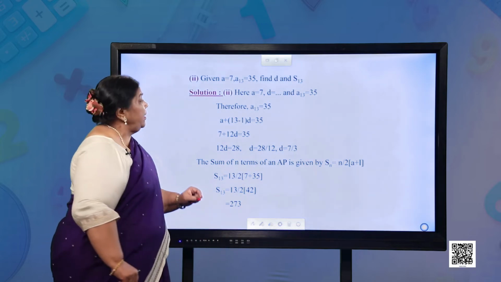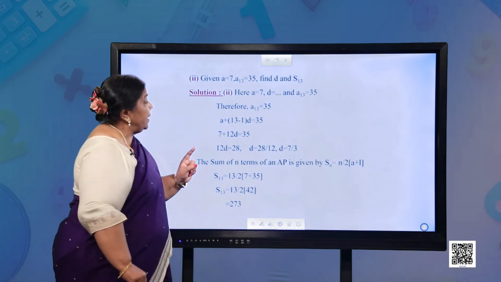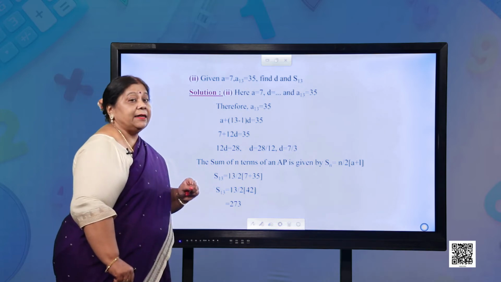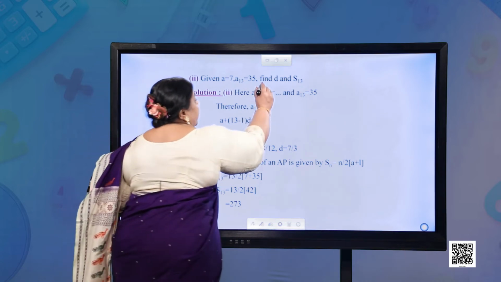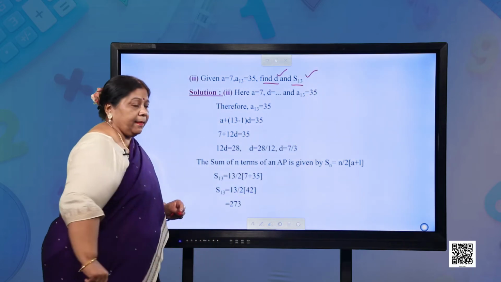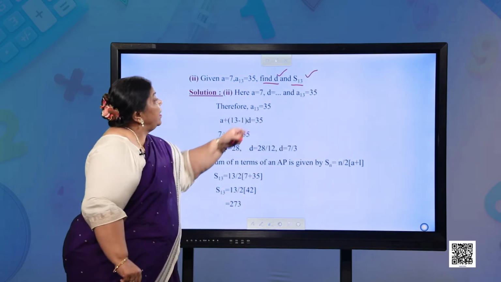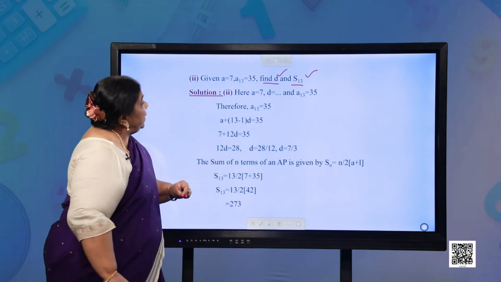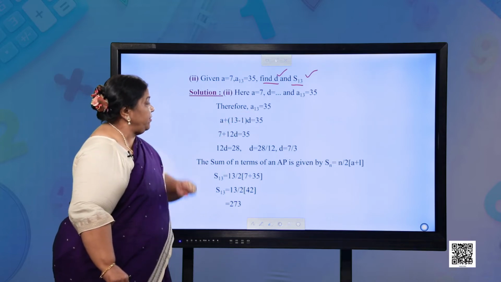Here we are given a is equal to 7, a13 is equal to 35, find d and S13. That means I have to find the common difference and the sum of 13 terms. So, a is 7 and d is to be calculated, and a13 given to us is 35.